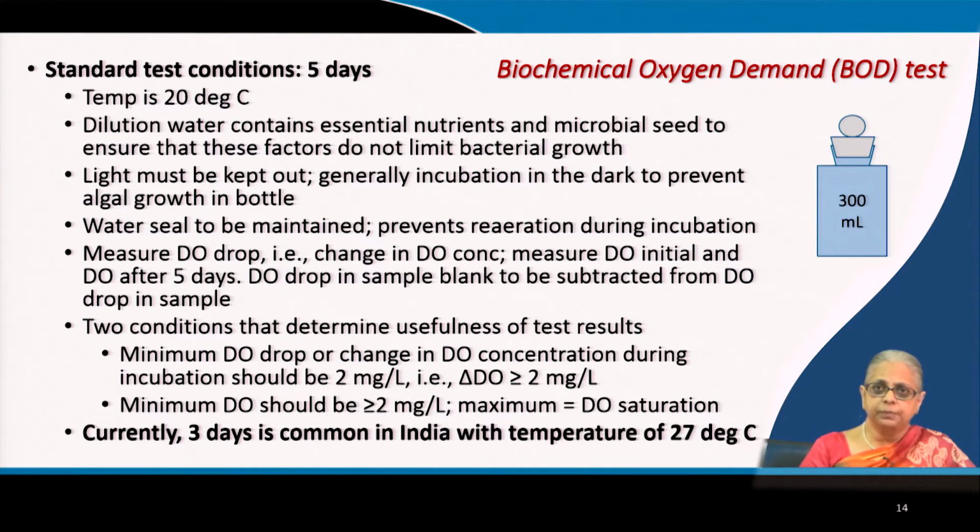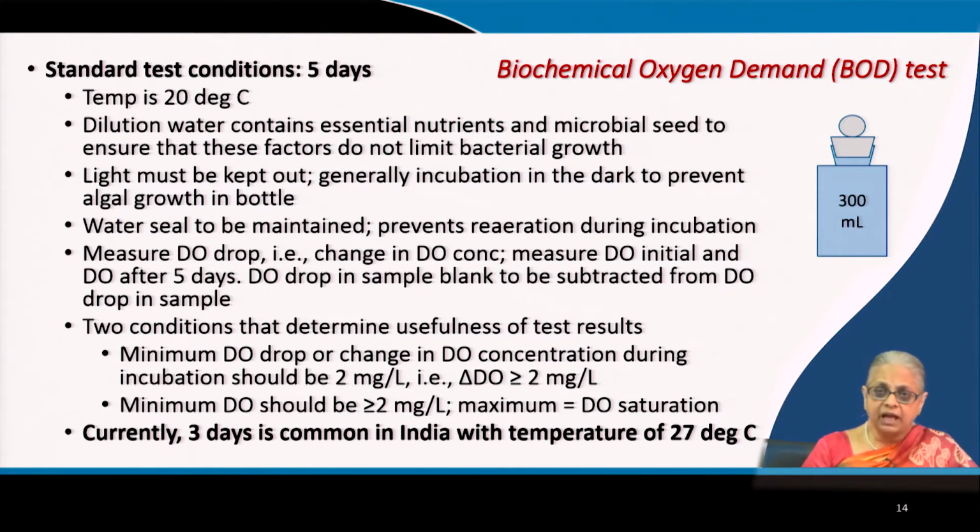Something coming out of a paper and pulp industry may be a mix of biodegradable and non-biodegradable material. Something coming out of a pesticide manufacturing plant may have no biodegradable material, it may have only toxic chemicals and so on. So depending on the nature of the wastewater, you will have varying degrees of biodegradation potential of the material that is in the wastewater.